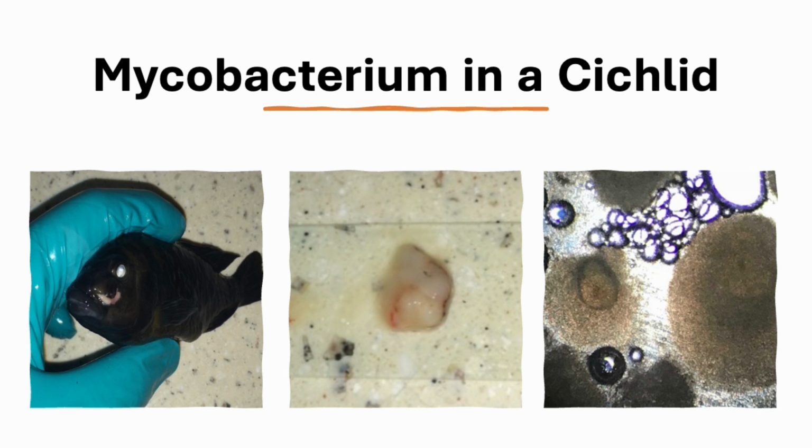This fish was euthanized, and the mass was removed. The center picture shows this mass on a slide, and if you look at it under the microscope, it has these granulomatous lesions. So these little granules have a little dark center in them.